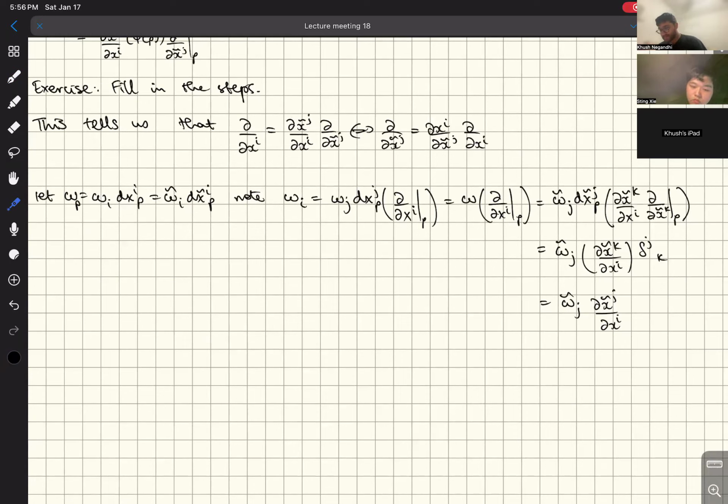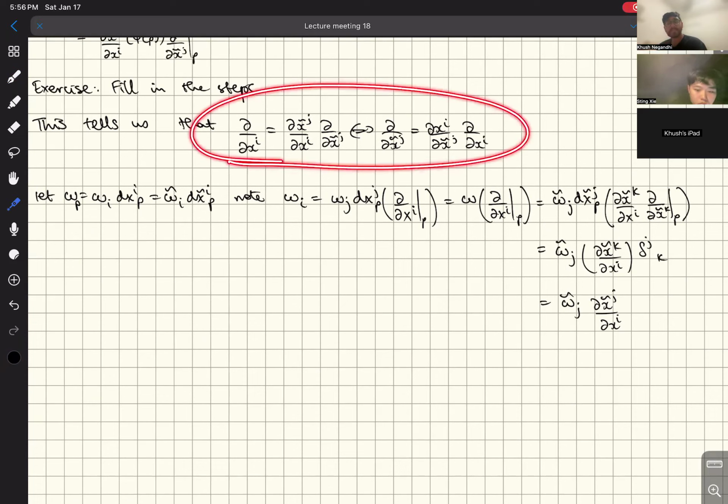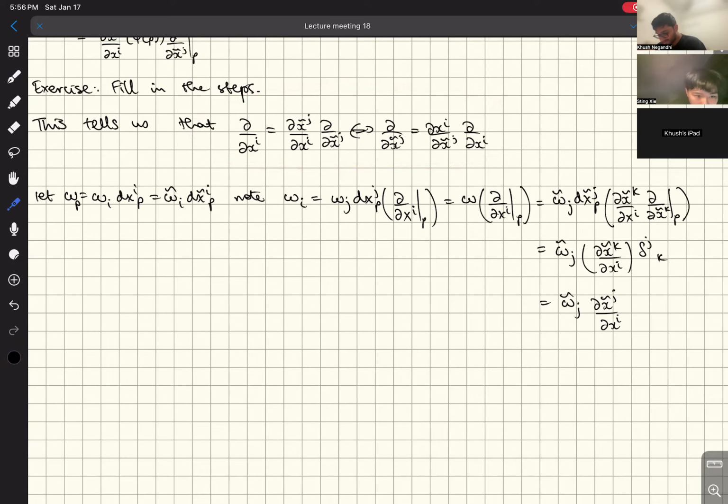Because you might tell me, okay, I thought we were talking about the fact that a dual vector should transform as the dual. But if you look up here, it seems as though this thing has transformed the same way as a tangent vector.